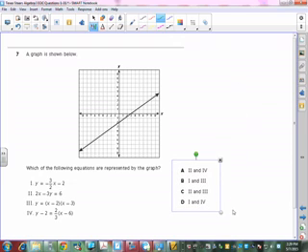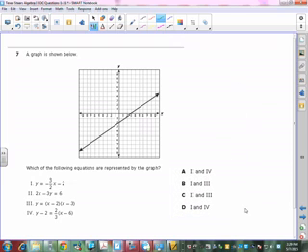This is a weird question because, look, there's going to be more than one answer. First of all, let's just look at the line. What's the y-intercept? It's negative 2, and the rate of change is up 2 to the right 3.